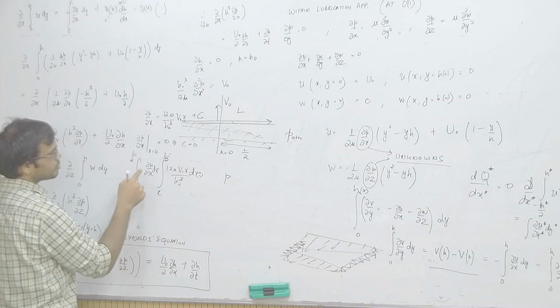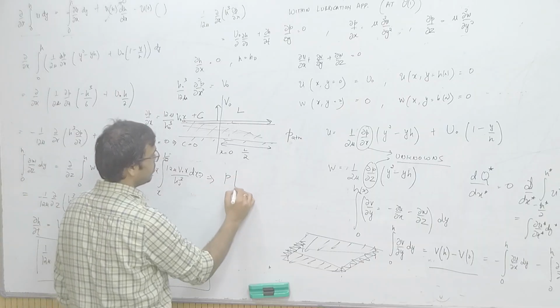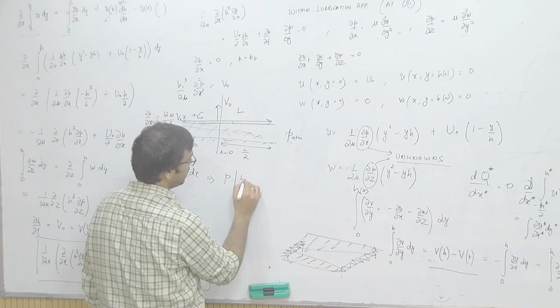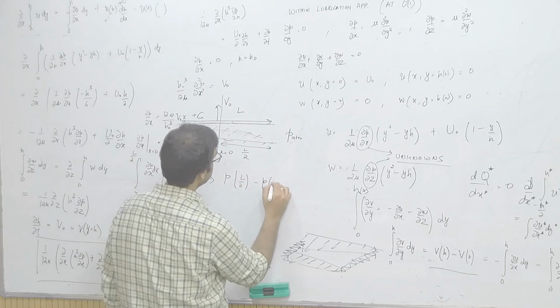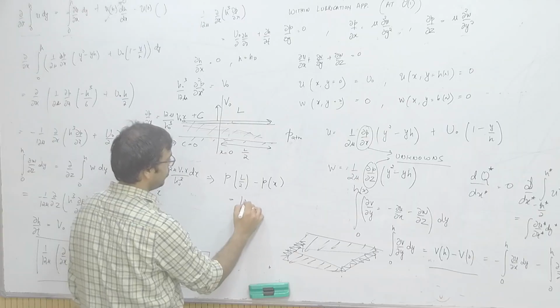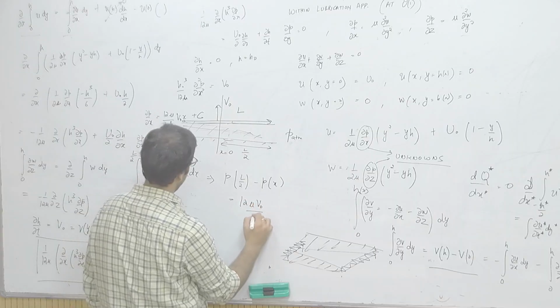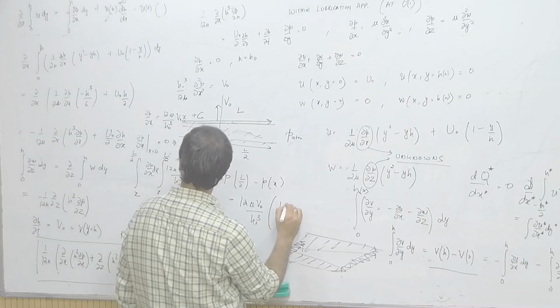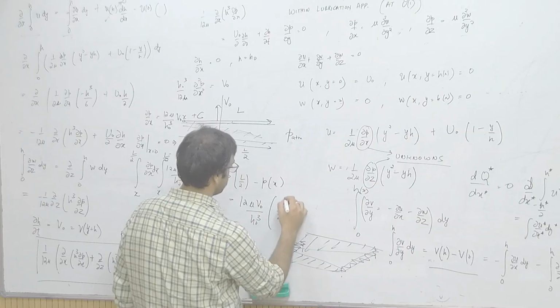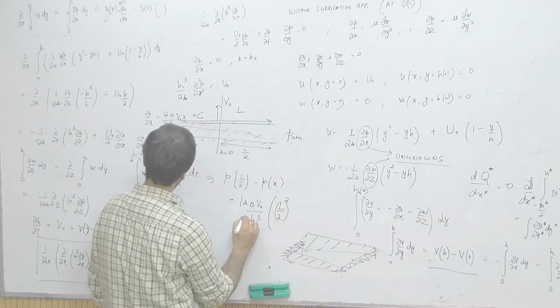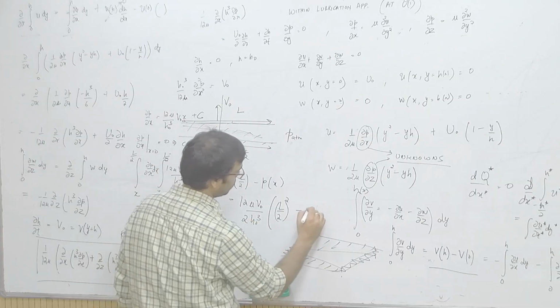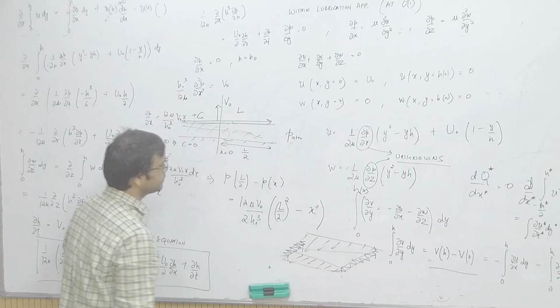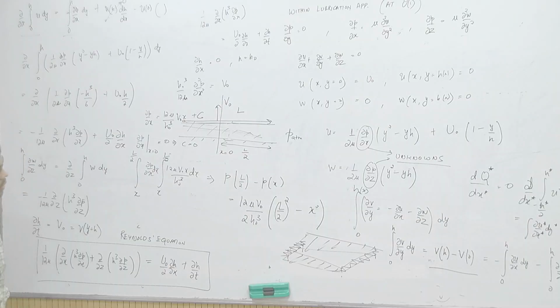So, this becomes P at L by 2 minus P at x equals 12 mu v naught over h naught cube times L by 2 square, there is another 2 that will come, minus x square.